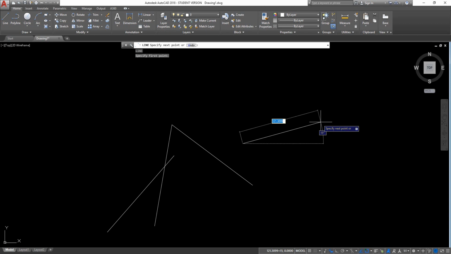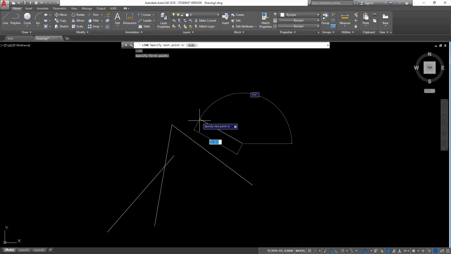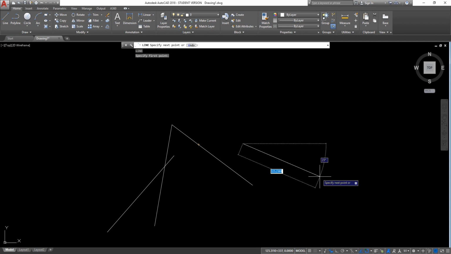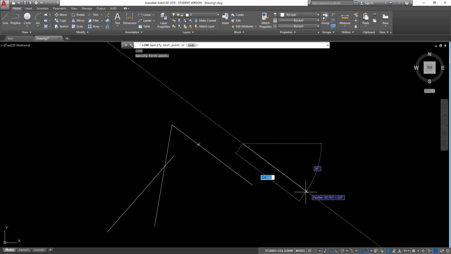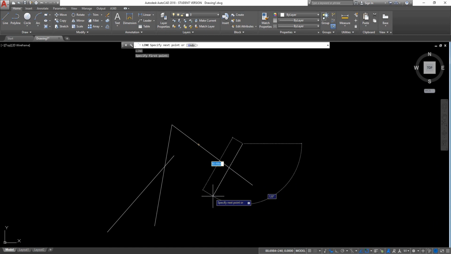As you can see, if you have the F12 on, you can see an angle that is ranging from 0 to 180 in the first and second quadrant. But if you put the crosshairs down in the fourth or the third quadrant, you can also see that the angle is positive.